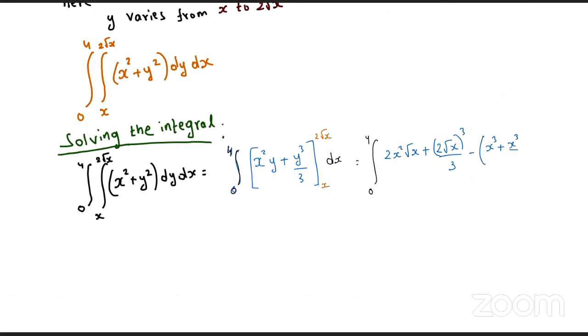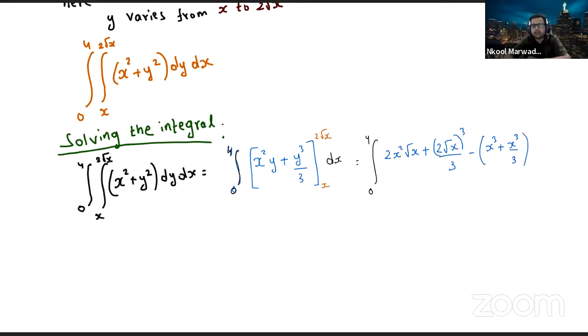So the idea is that we have integrated with respect to y, so instead of y, we have to put the limits, upper limit minus lower limit.